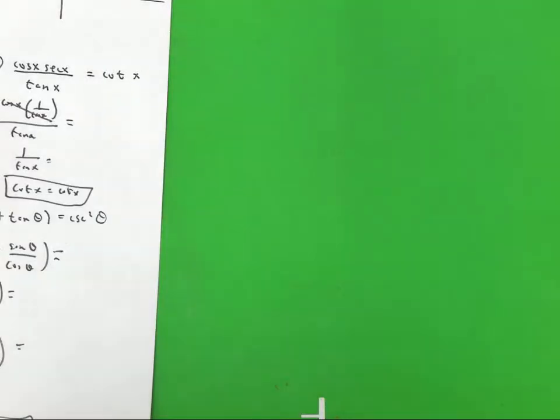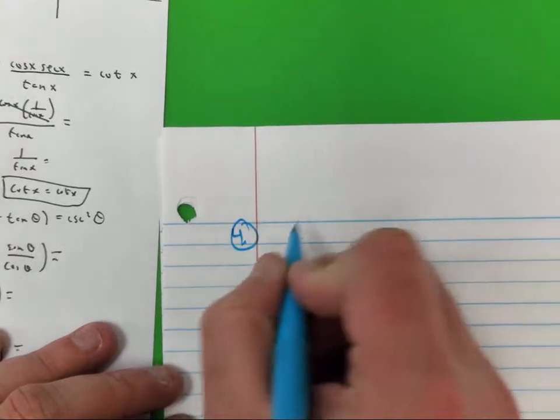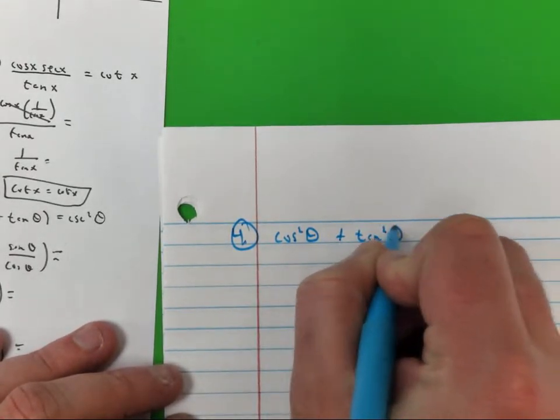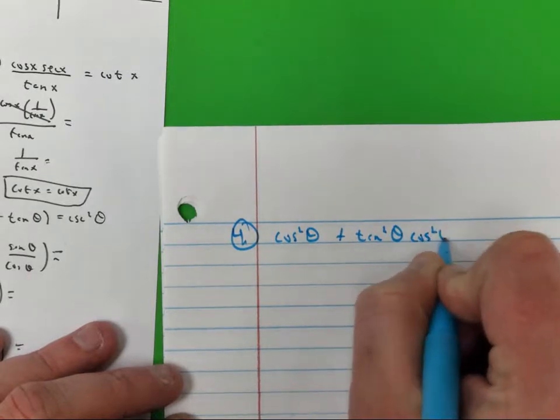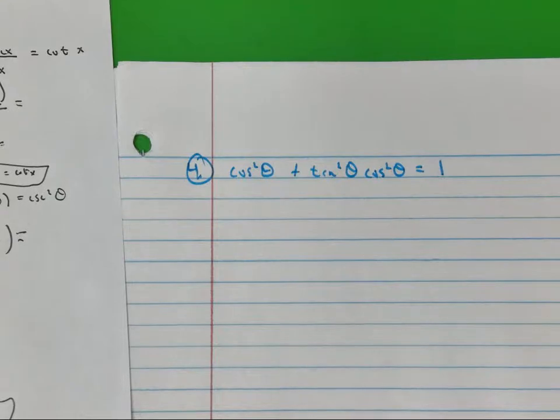Alright, let's look at number 4. Cosine squared theta plus tangent squared theta times cosine squared theta equals 1. Okay.